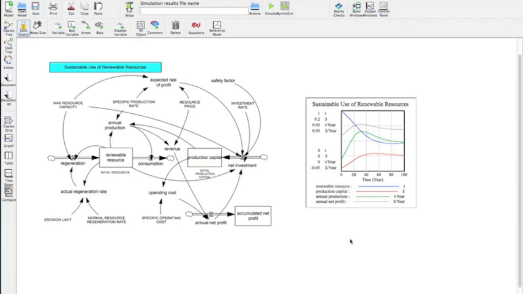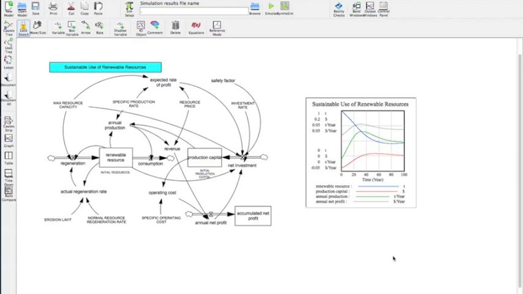There's a separate model that I put there that I called unsustainable. I'm going to let you look at that individually, but essentially it's the very same model as this, except that I removed the linkage between the maximum resource capacity and net investment, removing the modulation that the resource capacity or resource availability has on how you invest.